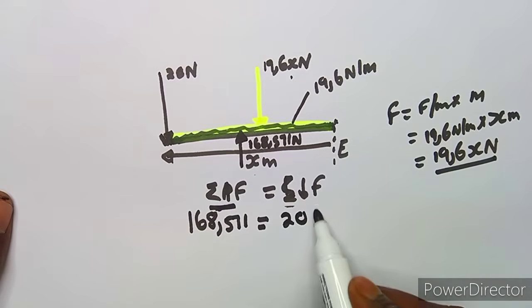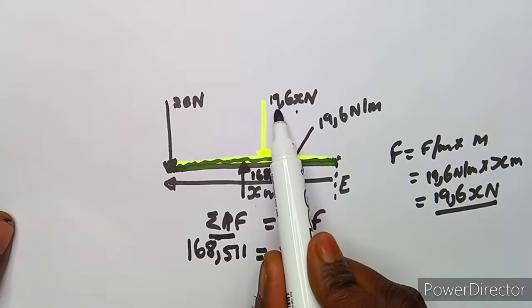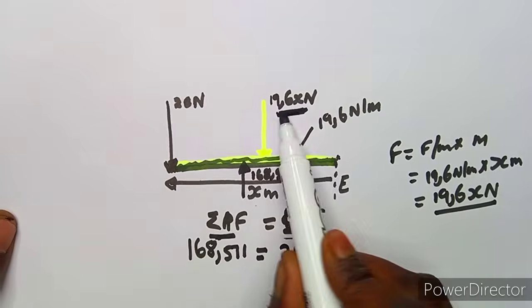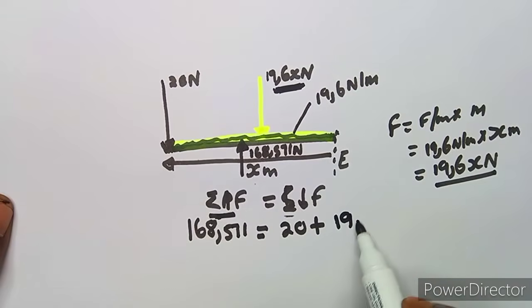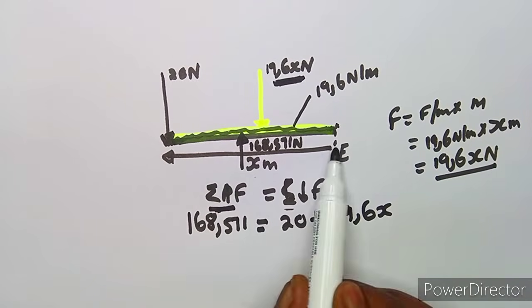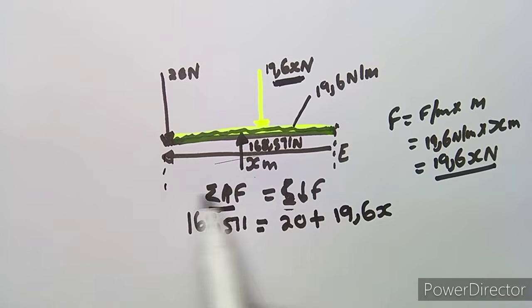So it's 20 plus 19.6x. Remember, this force is written in terms of x as 19.6x. So you formulated an equation where you can calculate x, which is the distance between the points up to E.